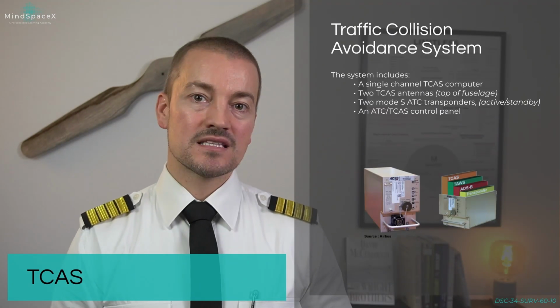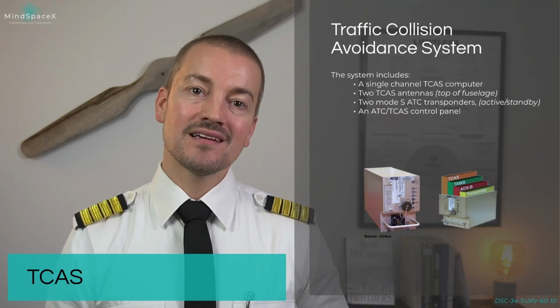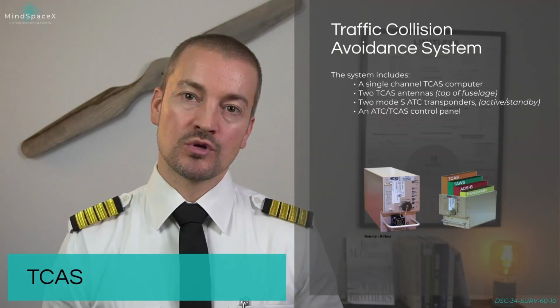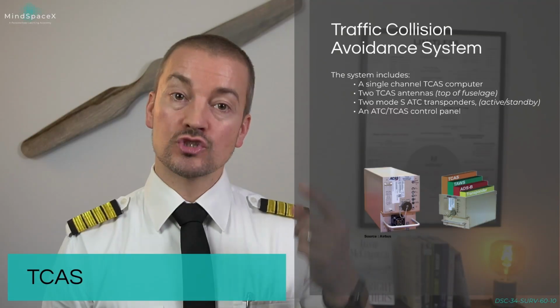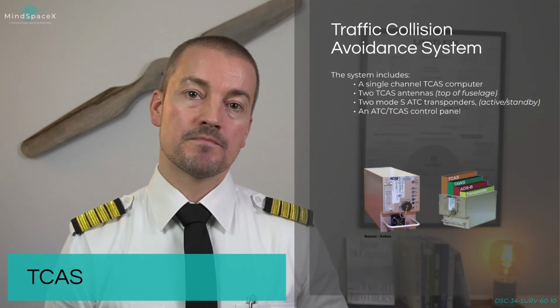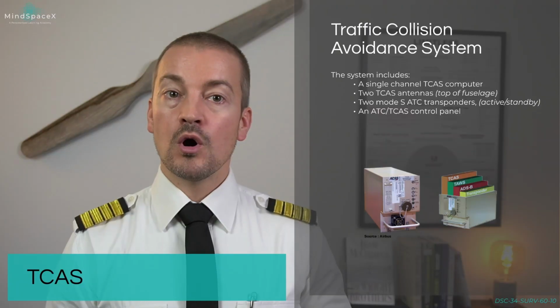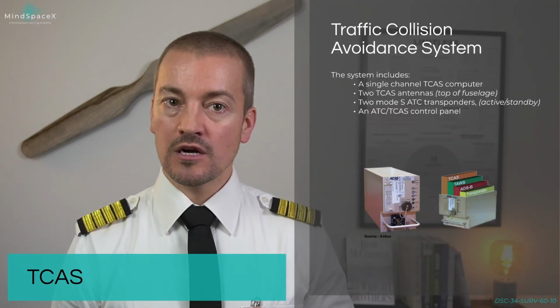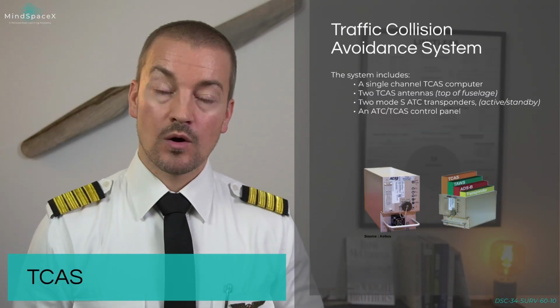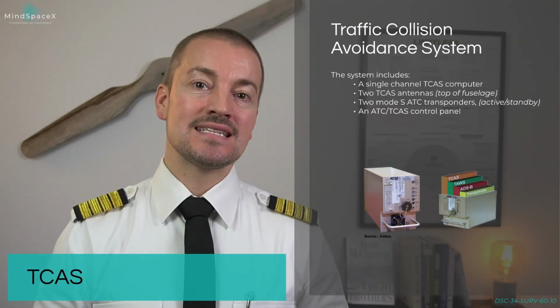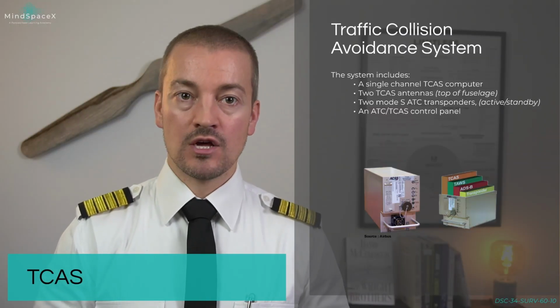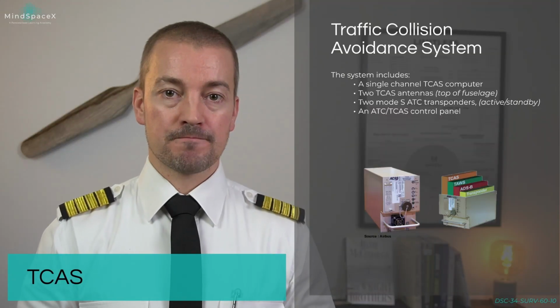The TCAS system includes a single-channel TCAS computer, 2 TCAS antennas, which are found on top of the fuselage, 2 Mode S ATC transponders, which we've talked about already. One is active and one is standby, as well as an ATC TCAS control panel, which we have also looked at already.